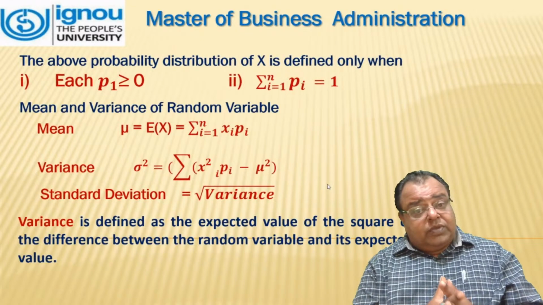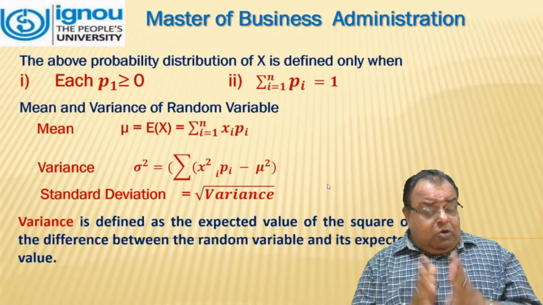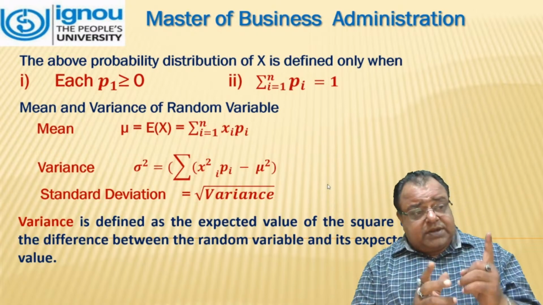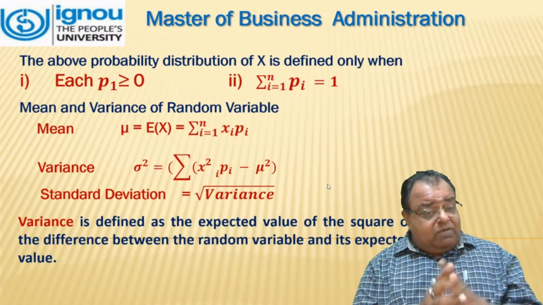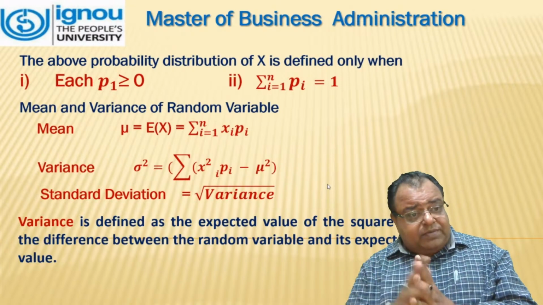The above probability distribution of x is defined only when each probability is greater than or equal to 0, and the summation of the probabilities is 1.